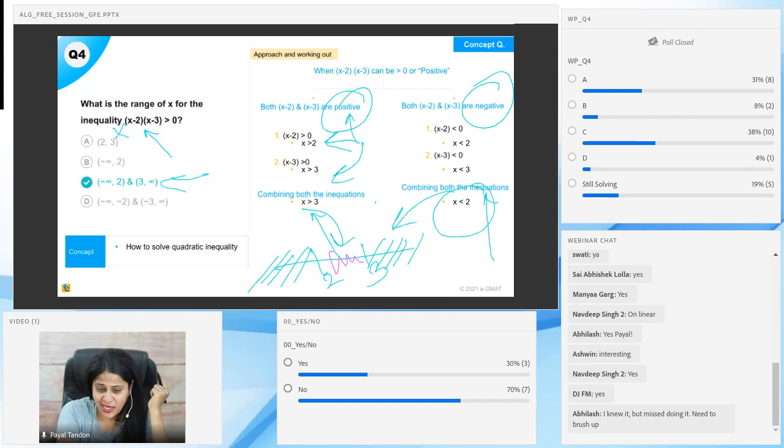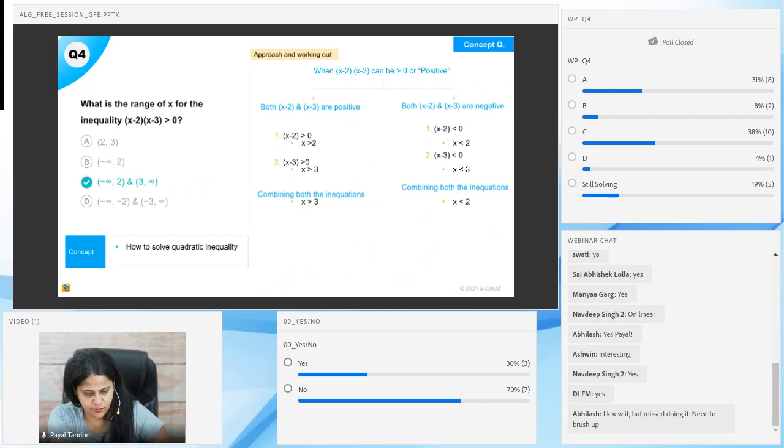So those of you who selected choice A, because 8 of you selected choice A, where did you falter? Did you just look at 2 and 3 in the inequality and just select something that looked better? Choice A looks better? Or did you go through this processing here? Comments here.